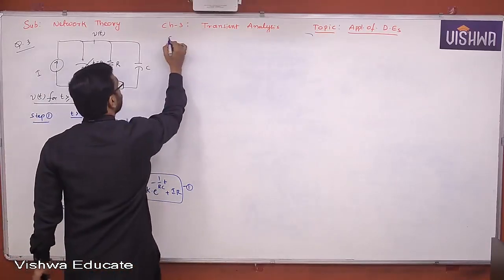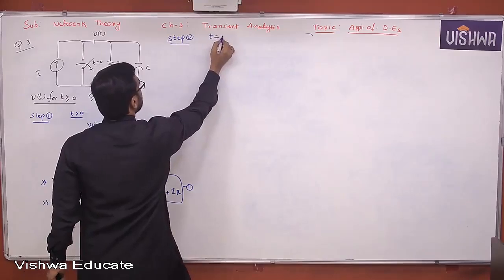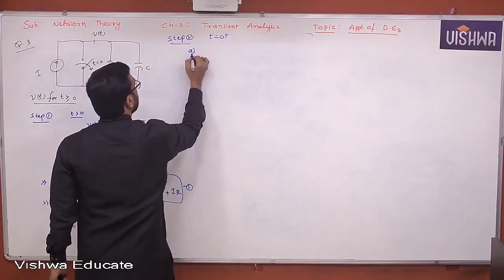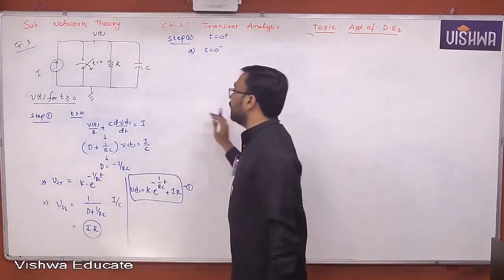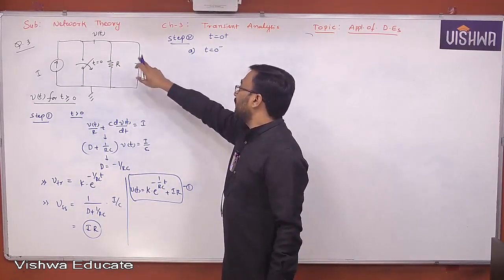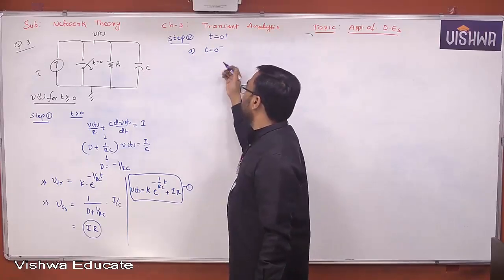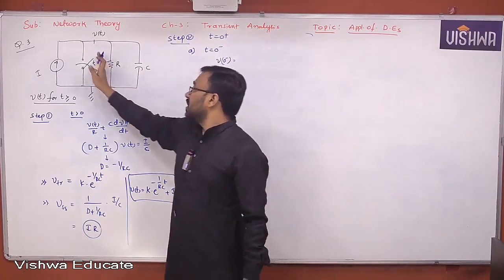Now, step 2. You have to go for t equal to 0 plus conditions. Step A, t equal to 0 minus first. What is our objective here? To find V of 0 plus. But what is V? Voltage across the capacitor. Voltage across the capacitor at t equal to 0 plus can be determined just by finding it at t equal to 0 minus. What is the switch position?